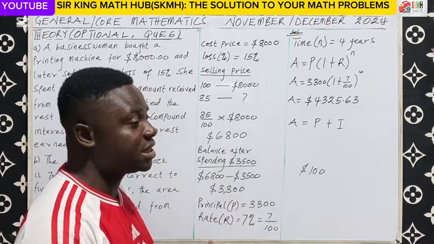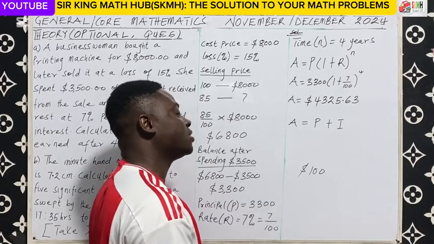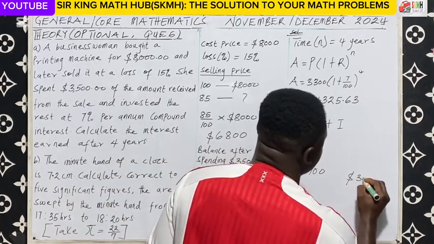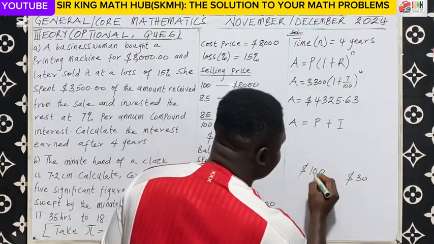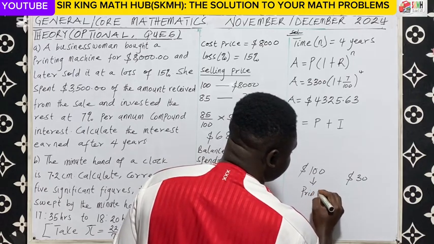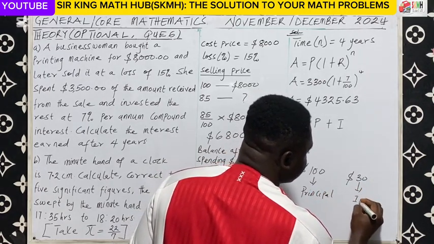After some number of years, you gain an additional interest of, let's say, $30. In this case, the amount you invested is your principal, and the $30 becomes your interest.